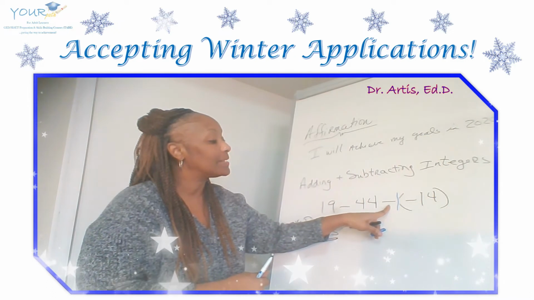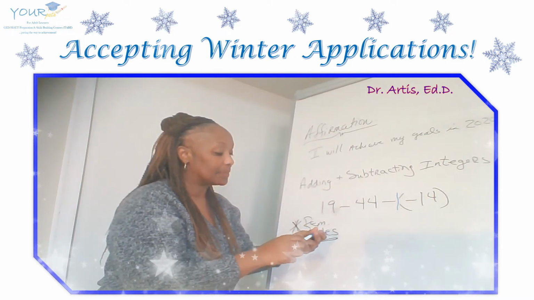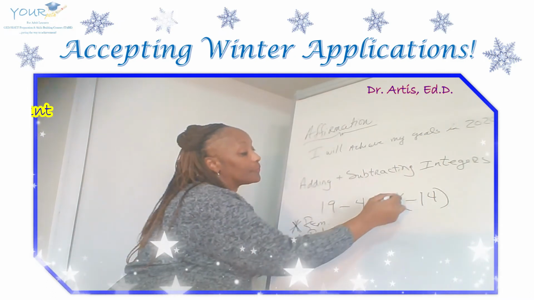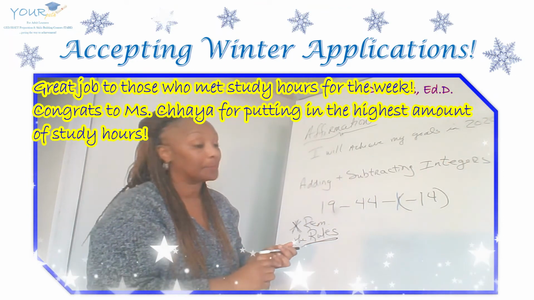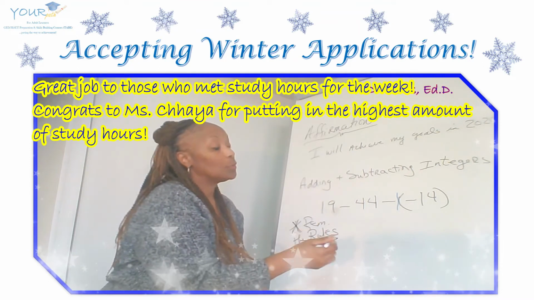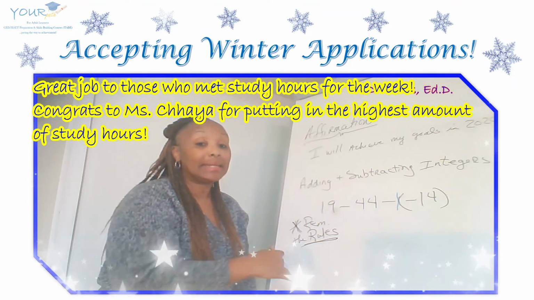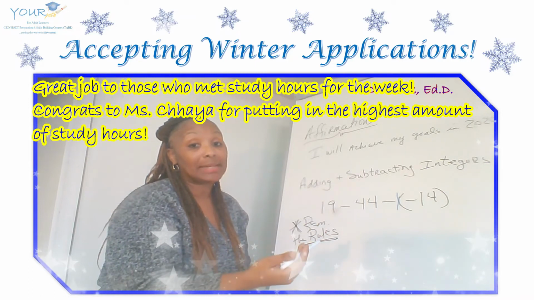So here we have a negative 1 times, because we have this integer inside of the parentheses, negative 14. If you multiply any number times 1, it will give you that number.